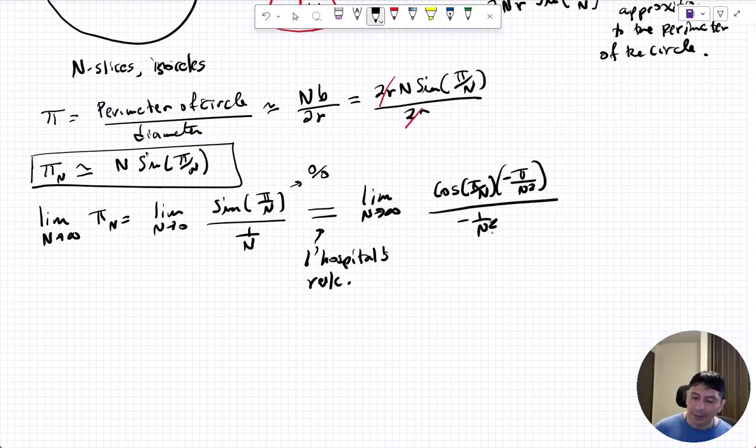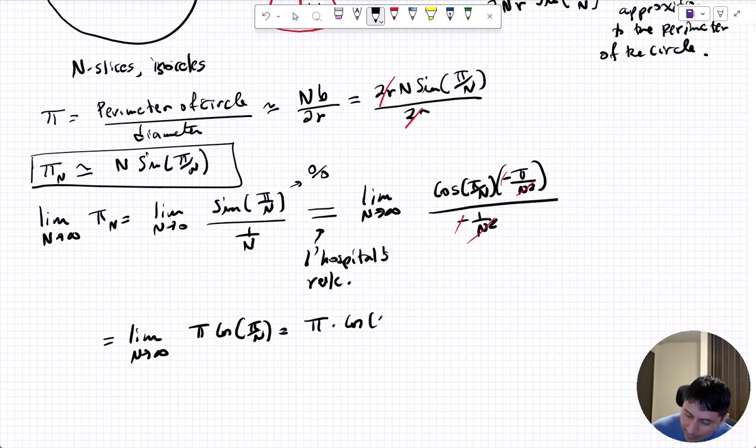Now, if you notice, the 1 over n squared cancels on both sides, and the minus sign cancels on both top and bottom. So this is equal to the limit as capital N goes to infinity of pi cosine of pi over n. Now, this limit we can take, and it turns out to be pi times cosine of 0, which is equal to 1.